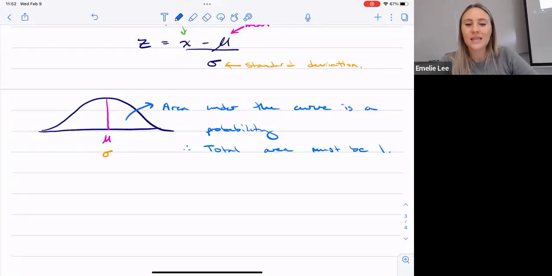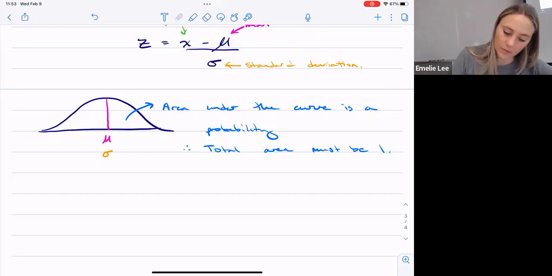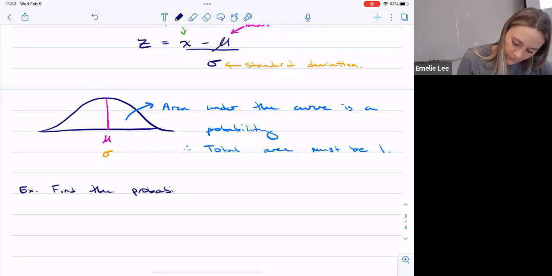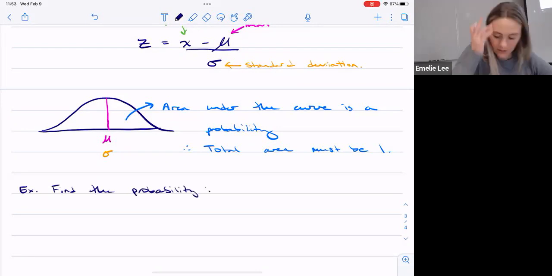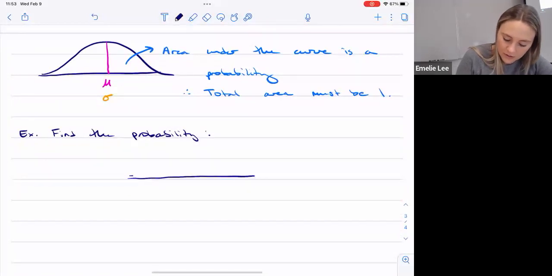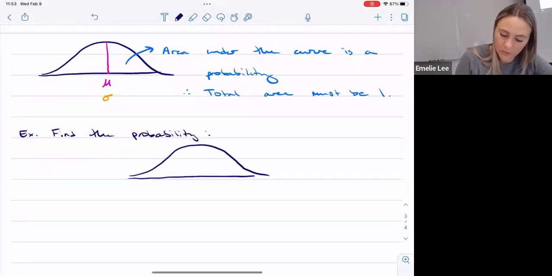So instead of integrating this function over and over and over again, which is technically what we would be doing, right? If I want to find the probability, so for example, find the probability, and I'm going to do kind of a fake example here because I know I need to introduce a little bit more.